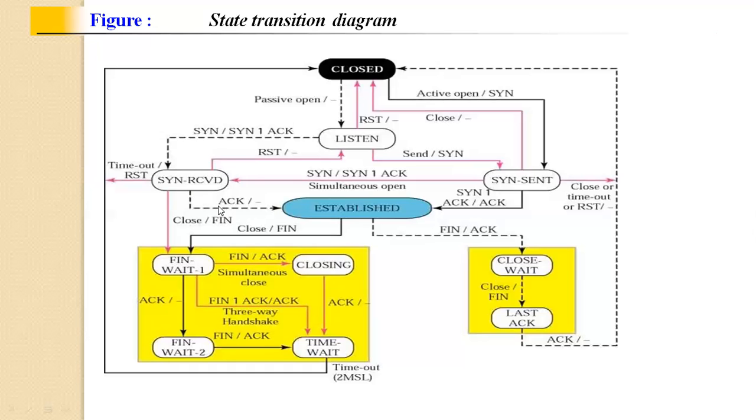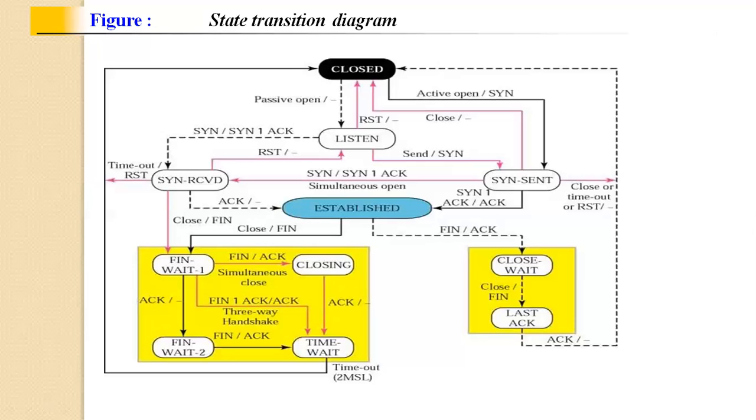When the server's SYN is itself acknowledged, the three-way handshake is complete, and then the server goes to the established state. Now the data transfer takes place. After the data transfer, the server goes to the closed state to release the connection.